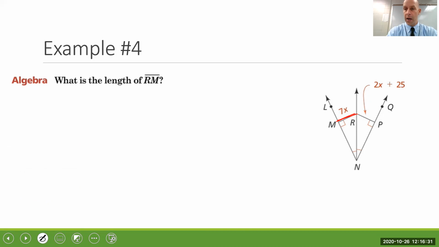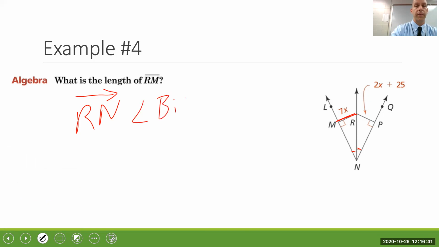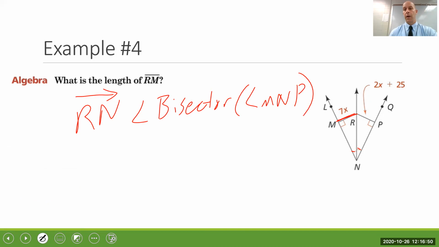Well, let's see here. I know that this angle is congruent to this angle, so therefore I know that ray RN is an angle bisector. The angle that it bisects is angle MNP. Therefore, I know that MR is the same length as PR.